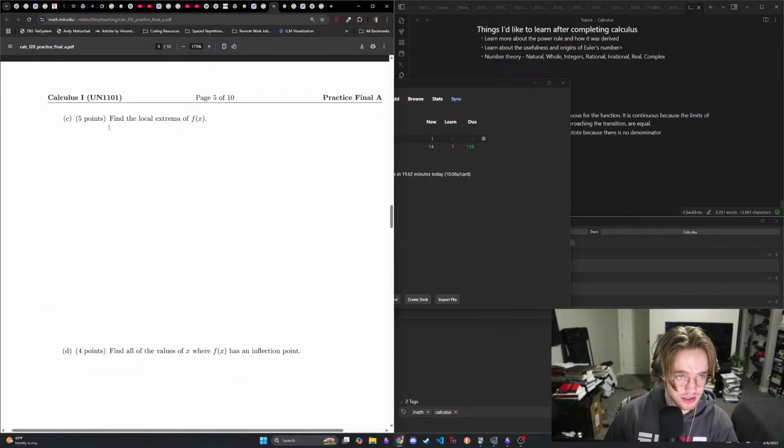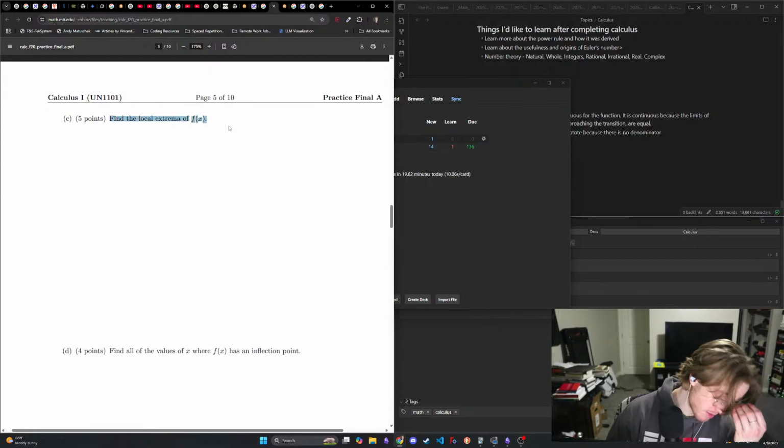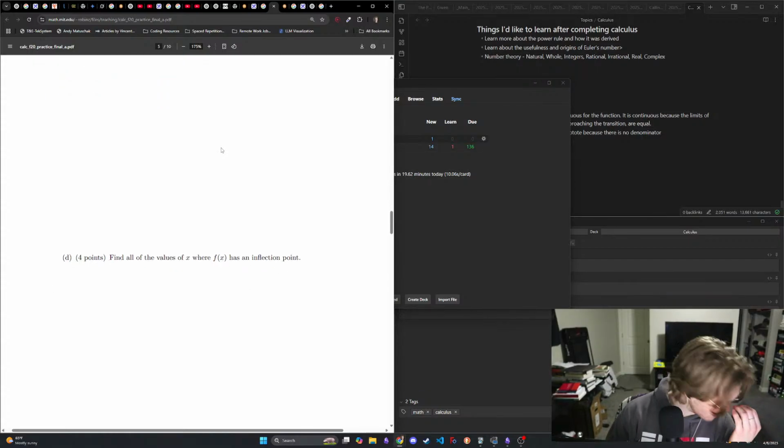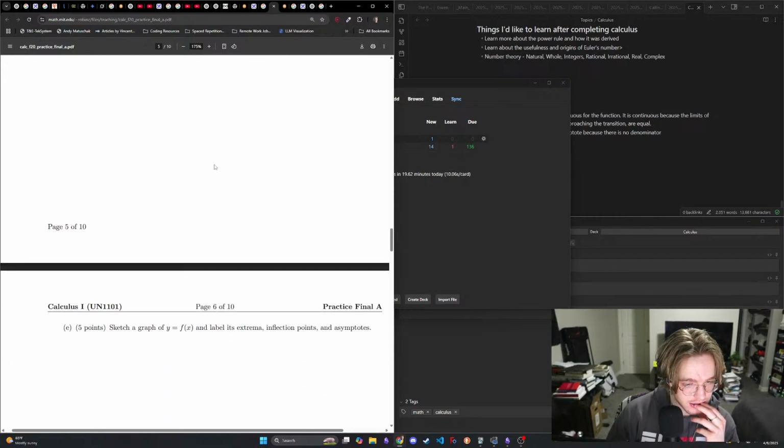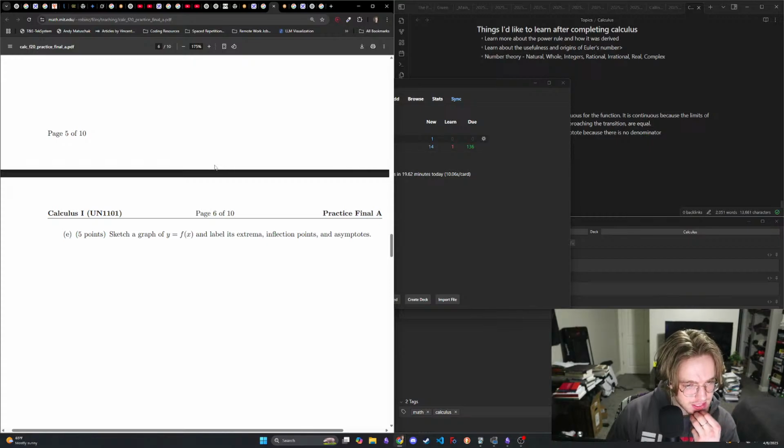The local extrema, I'll have to jog my memory for that. But I believe I know. Find all the values of x where f of x has an inflection point. Okay, I think I can do that. Sketch the graph.